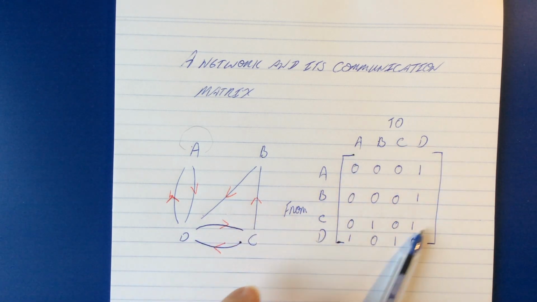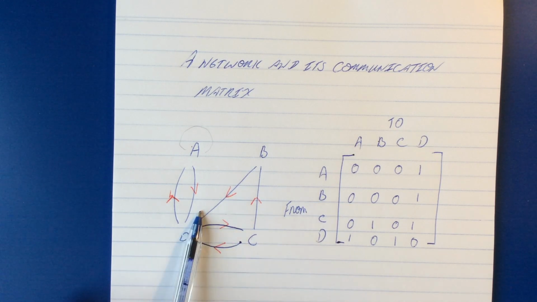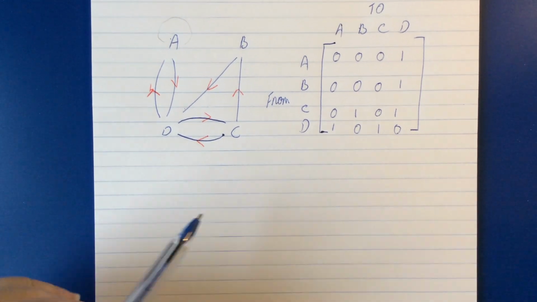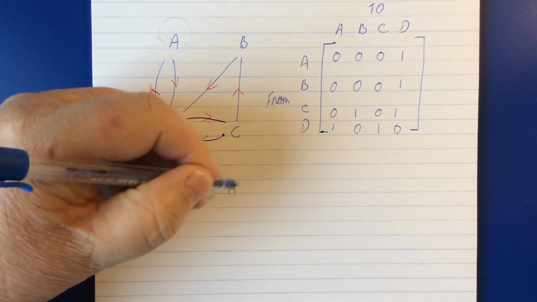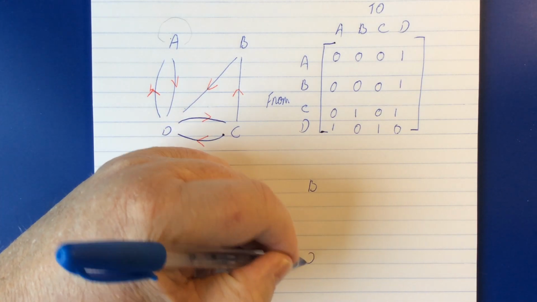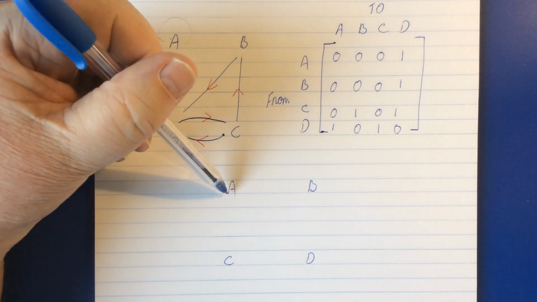Now, it's possible to take this matrix and draw this up. It may not look the same, but it will have the same effect. So let's try that. So just here, we'll go A, B, C, and D. Slightly different order, but just watch. A to A, nothing.